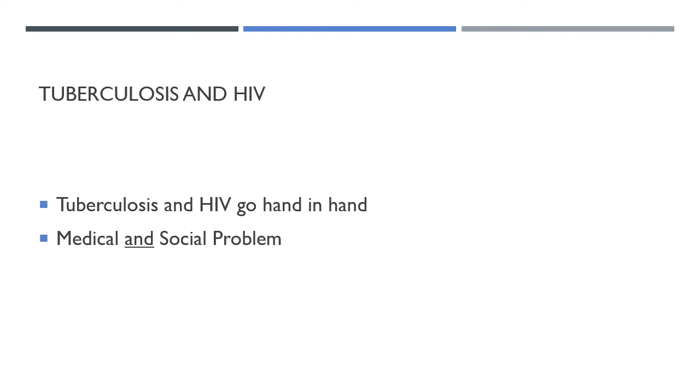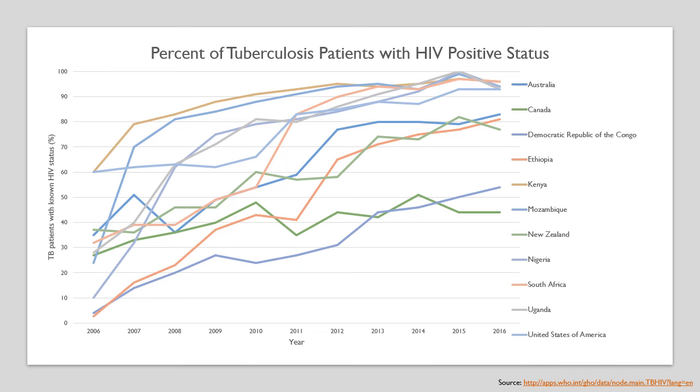So once again, TB and HIV are a medical and a social problem. And we can see that there is basically no discrimination in terms of the relation between TB and HIV. Here we can see TB patients with known HIV status over the years.